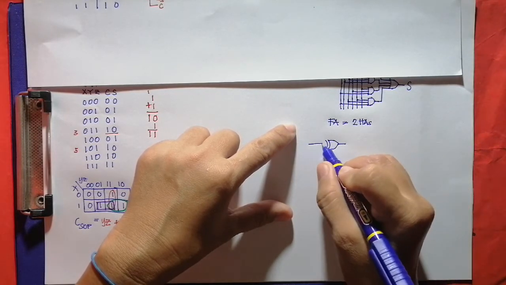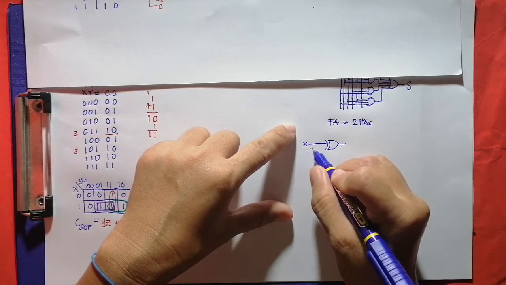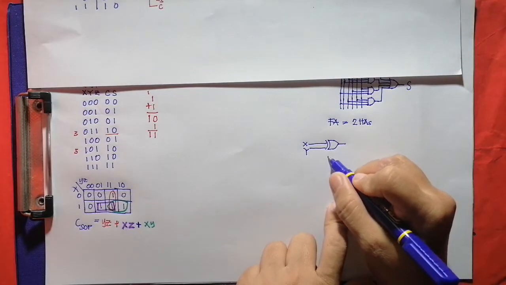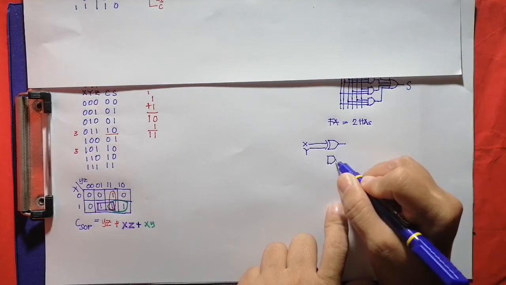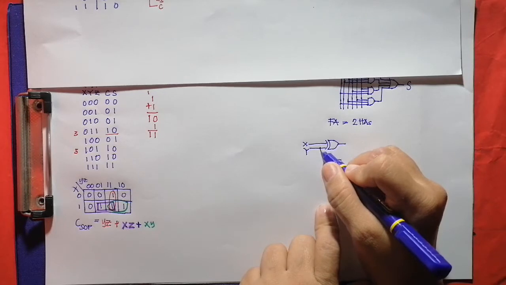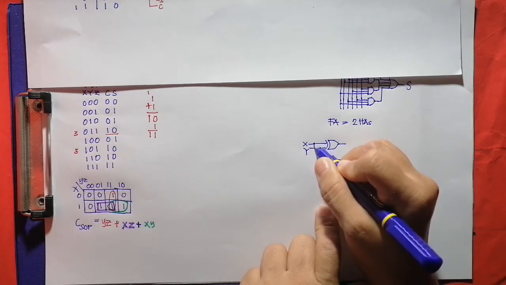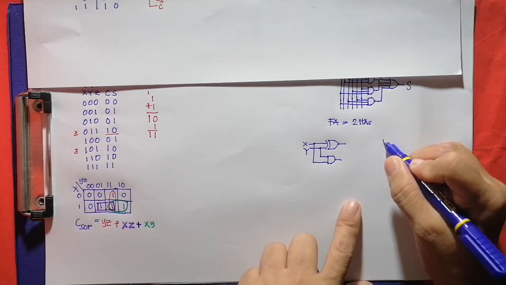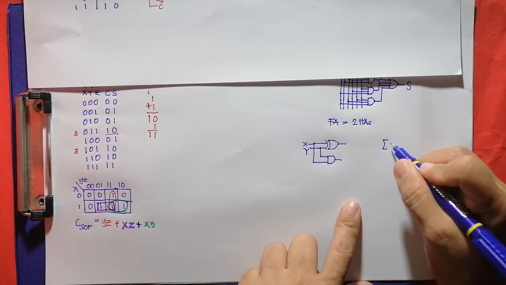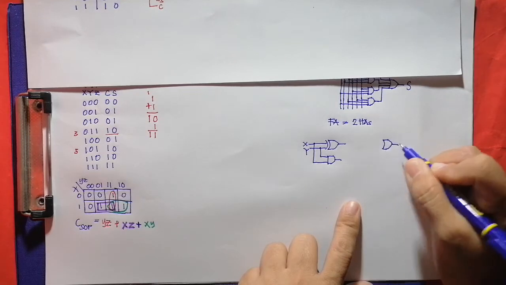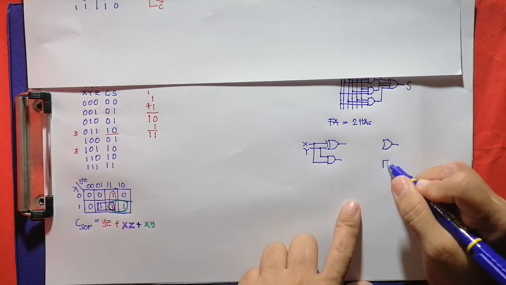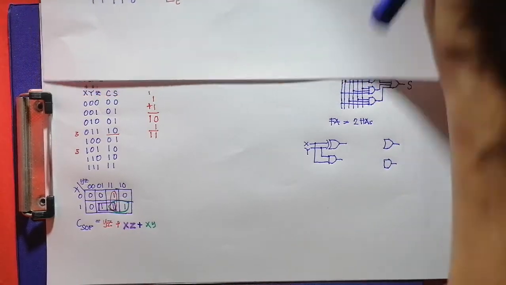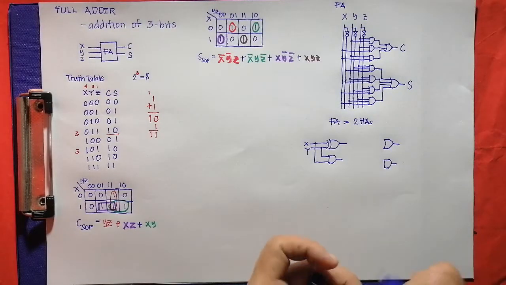We have the X and Y. So how are we going now to design it?